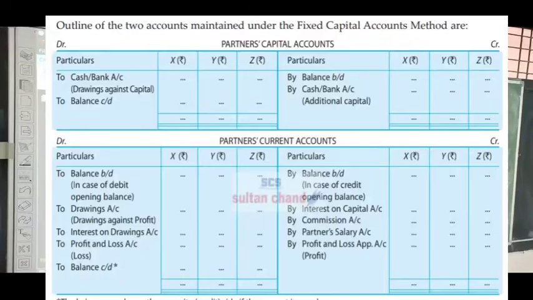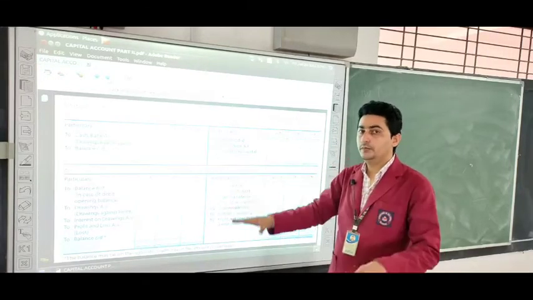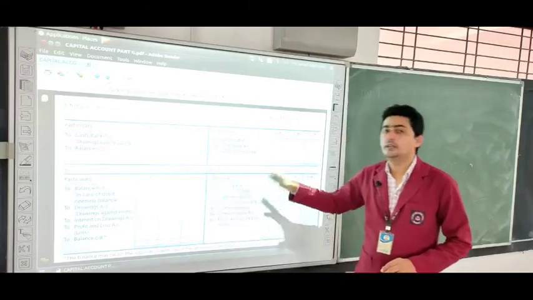This is the outline of the two accounts maintained under the fixed capital account method. When there is fixed capital, it means the capital is fixed, we have to maintain two accounts. First, partners capital account, because capital is fixed. Second, partners current account.